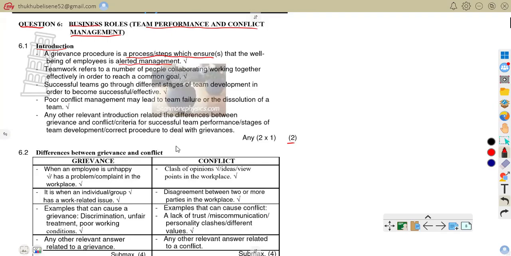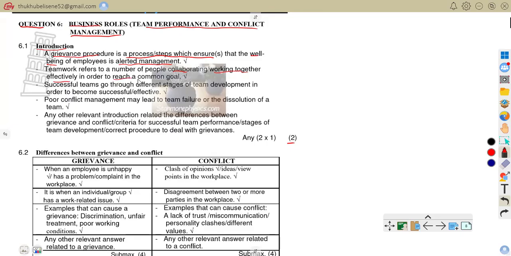They don't have to just sit at home and say we are unhappy or we are ill-treated. There is a grievance procedure that they have to go through.